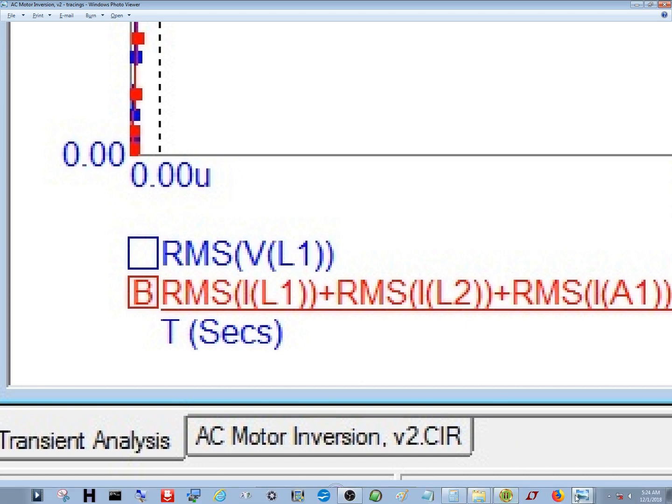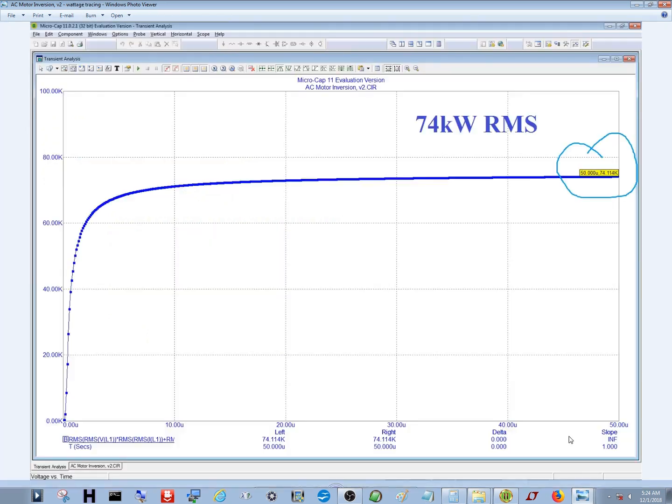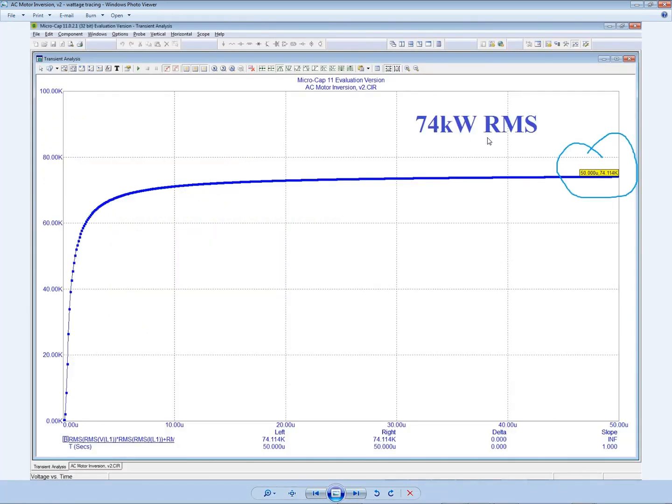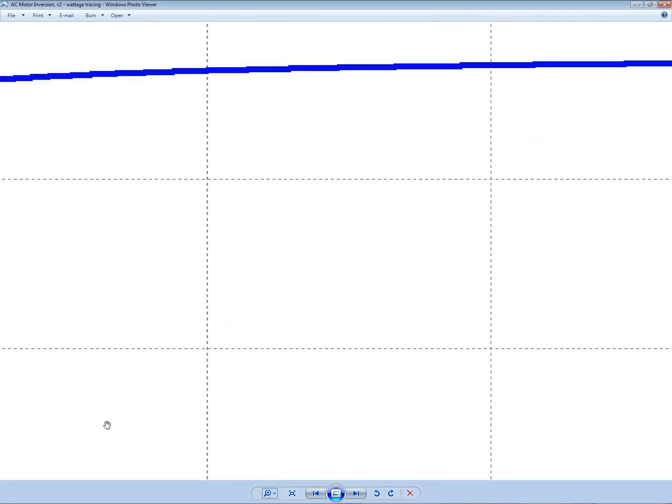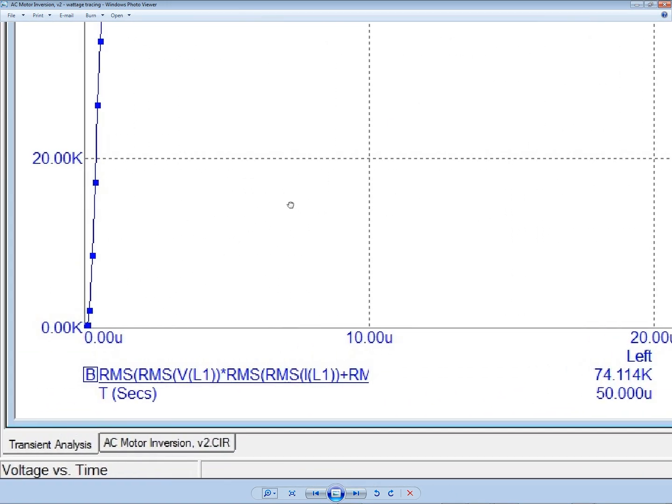So let's find the tracing for the wattage. Here it is, 74 kilowatts, which is what my car is rated at, a little higher. My car is rated at about 67 kilowatts, so my simulation is right on target. It's pretty close. And just to show you the functional expression here.